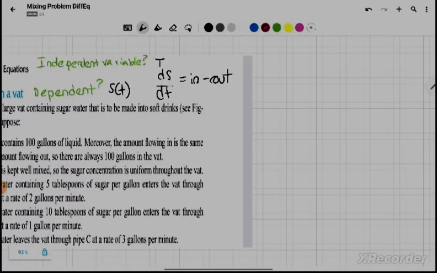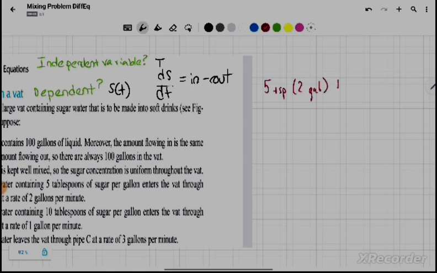All right, so it says that at pipe A, we have 5 tablespoons of sugar per gallon entering the vat, and it's coming in at a rate of 2 gallons per minute. So we have 5 tablespoons times 2 gallons per minute.